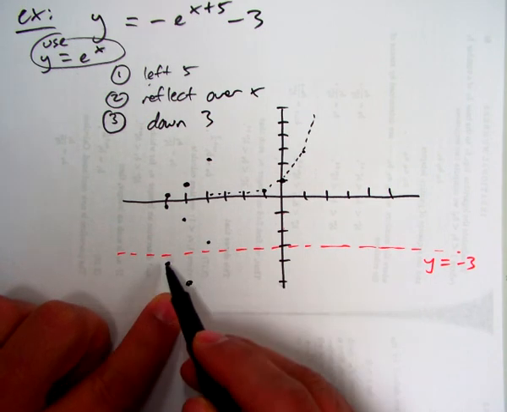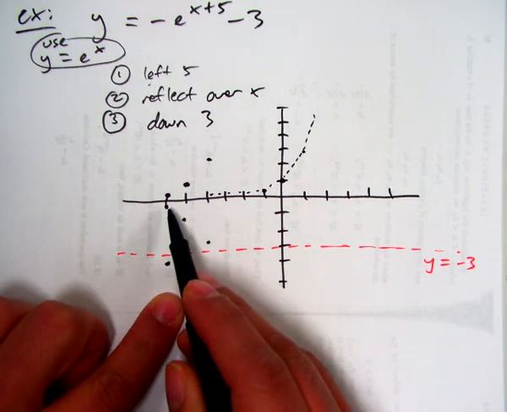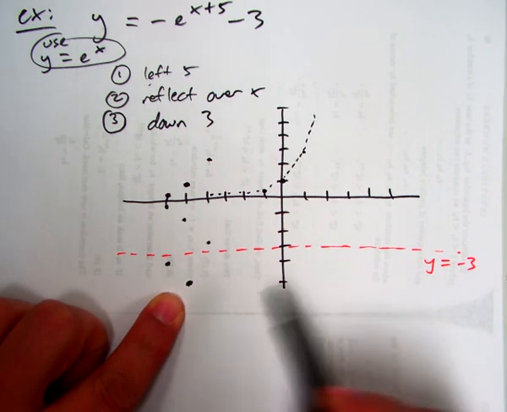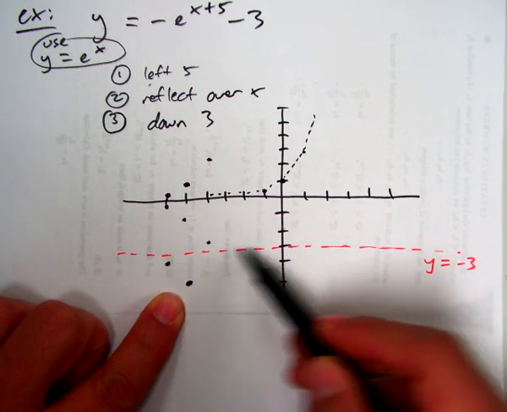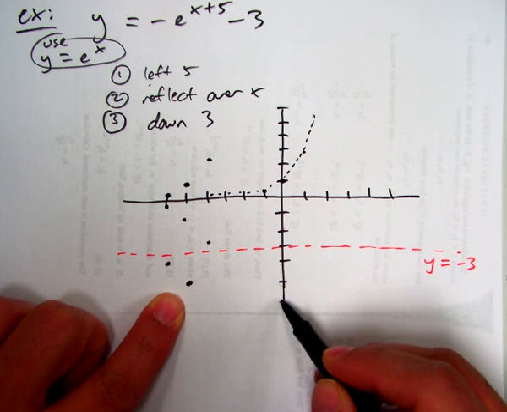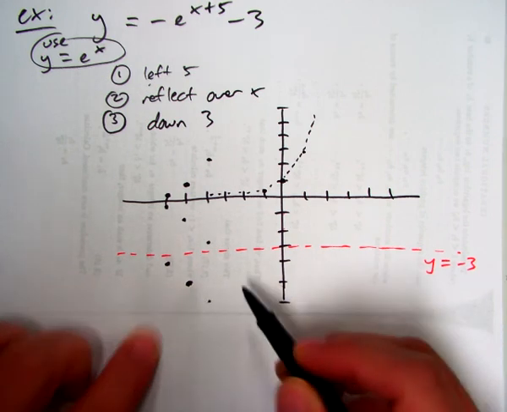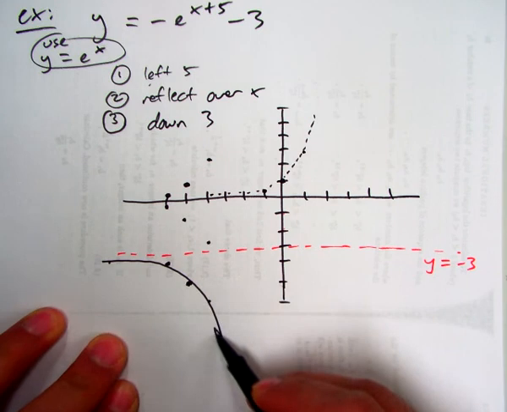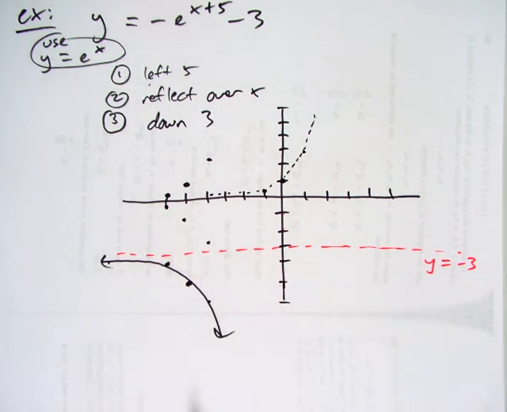I guess I should have said this point was almost at 0, so now this will almost be at negative 3. That's a better way of thinking about it. And then this point, which was almost at negative 3, will be almost at negative 6. So the new graph is going to look something like this.